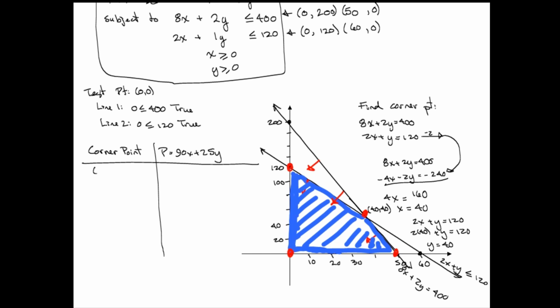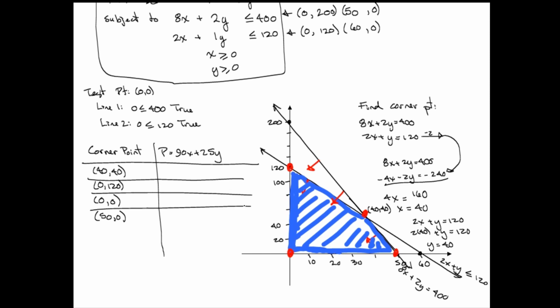So for corner points, I have 40, 40. I have 0, 120. I have 0, 0, and I have 50, 0. So for each of these, I'm going to calculate that P. So 90 times 40 plus 25 times 40 should give me 4,600.